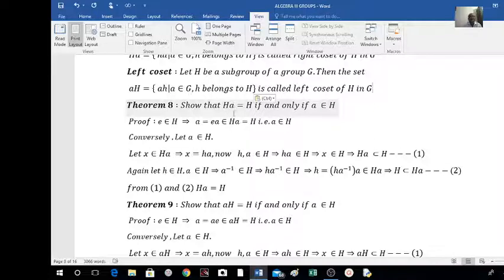Therefore EA also belongs to HA. So A can be written as EA, and EA belongs to HA. Given that HA equals H, what we have finally proved is that A belongs to H.